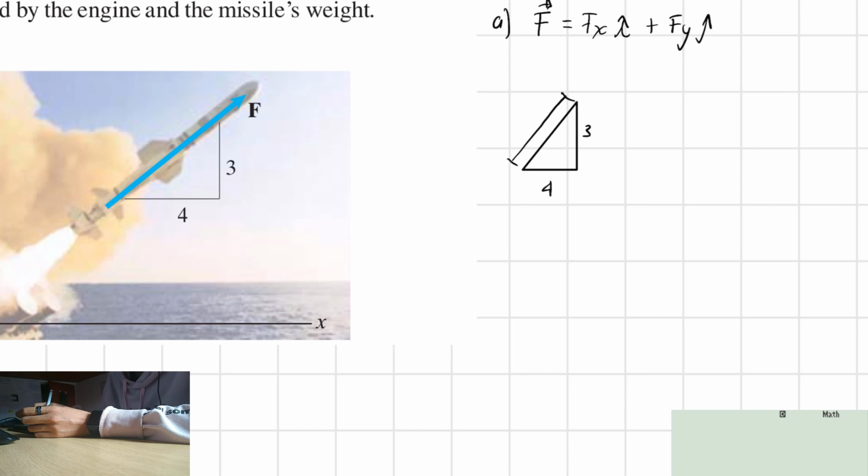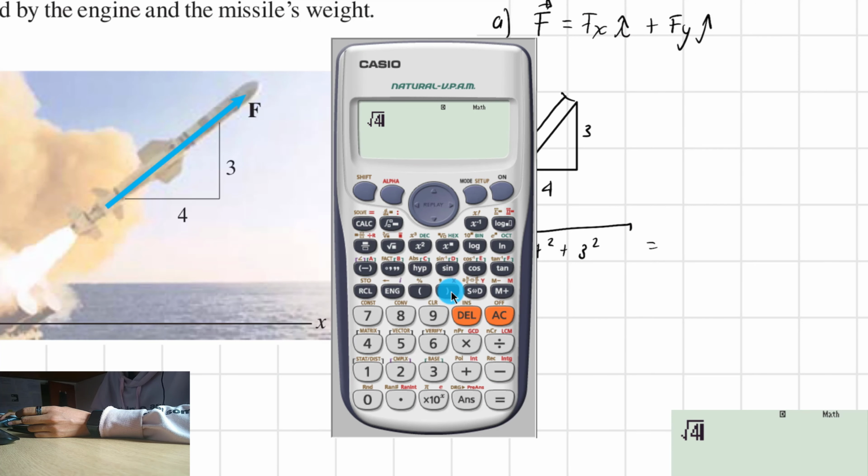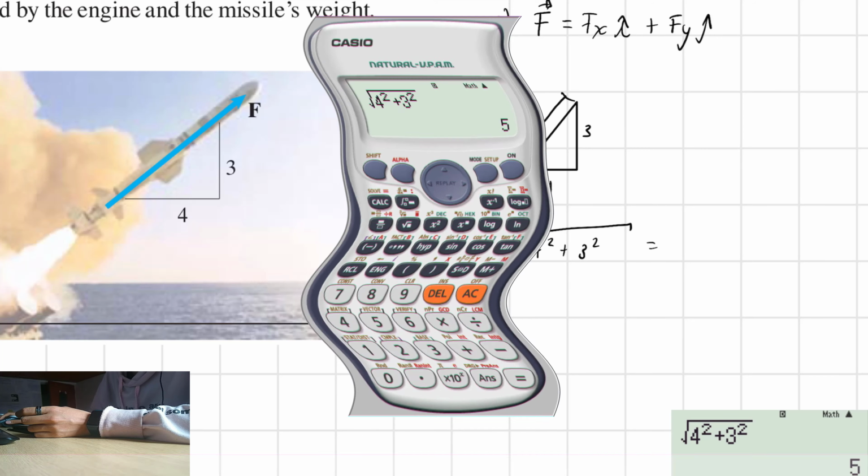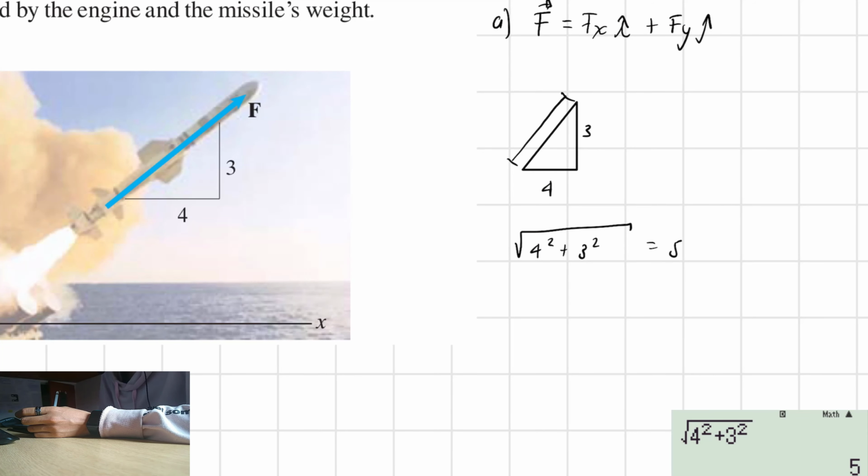The hypotenuse is going to be equal to the square root of 4 squared plus 3 squared. This is going to be equal to 5, right? Right here I have the 5.